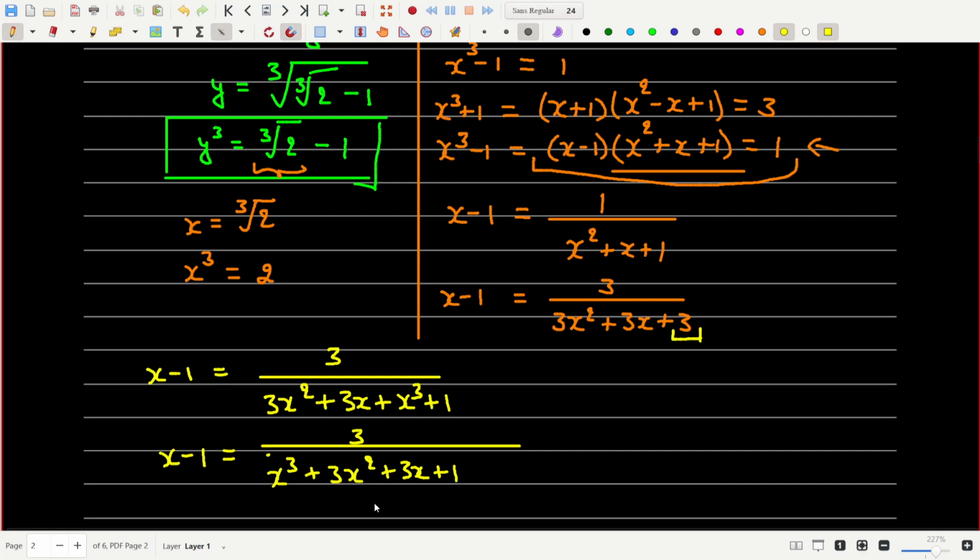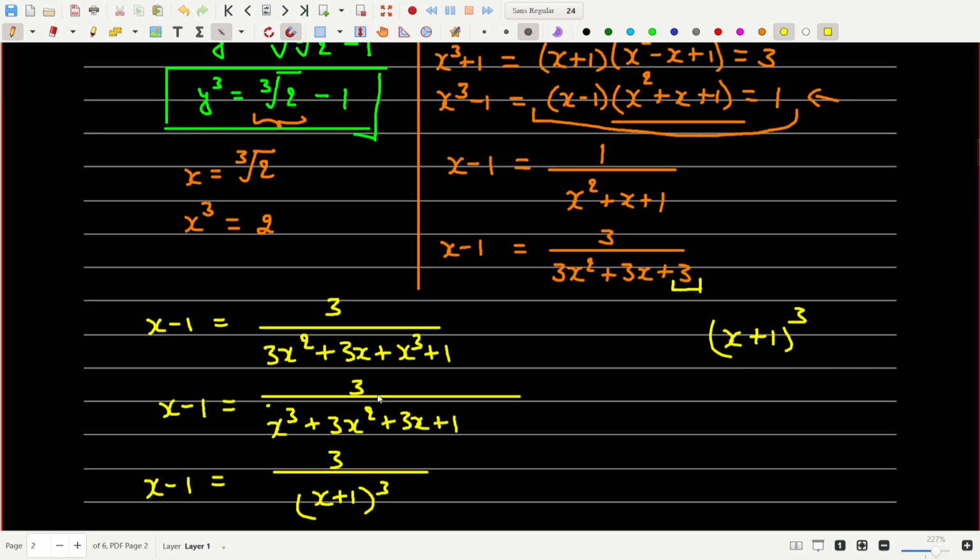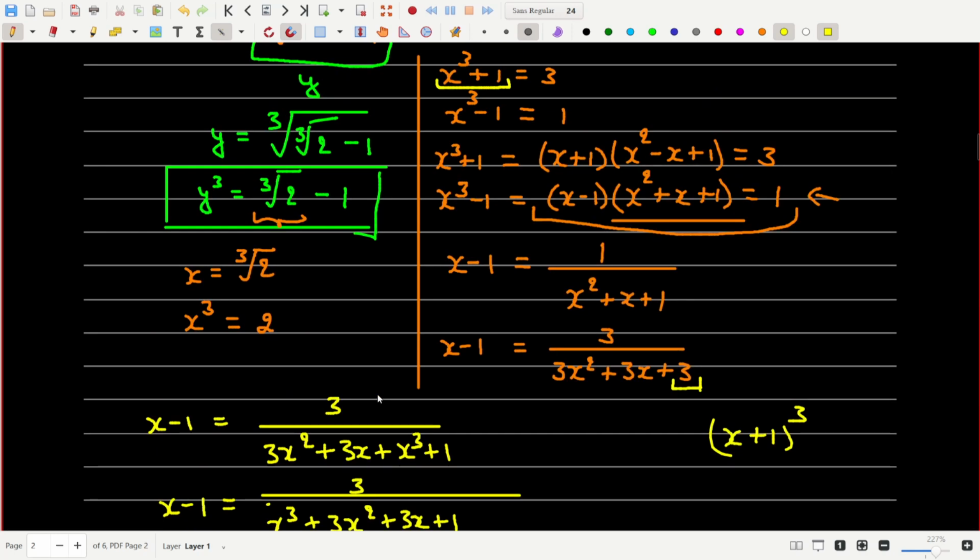Now look at the denominator. It is nothing but x plus 1 cubed. So now let me replace the denominator by x plus 1 whole cubed, so we have 3 upon x plus 1 whole cubed. Now x minus 1 is y cubed.